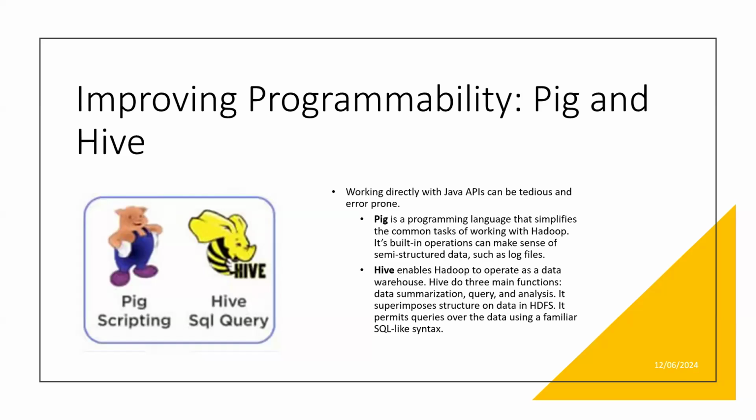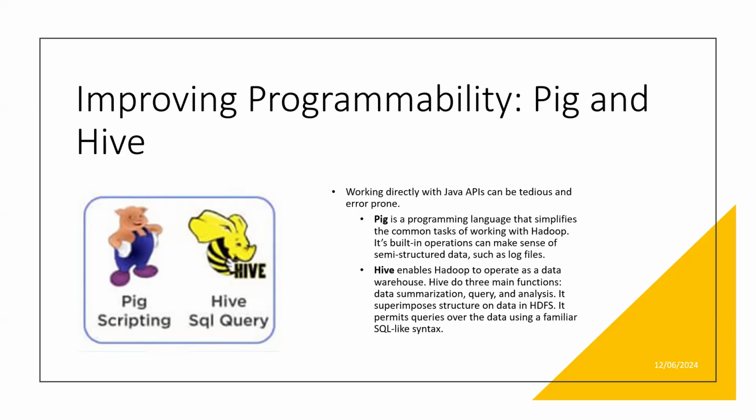Right, then we have other tools, depending on your requirements. Two common ones we are going to talk about are called Pig and Hive. Pig is usually used for simplifying common tasks, like loading data, transformations, and also storing final results.